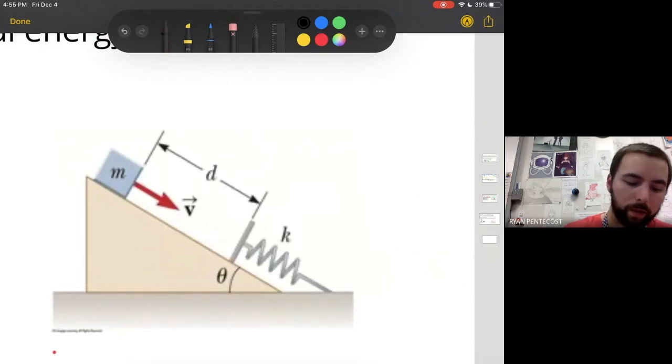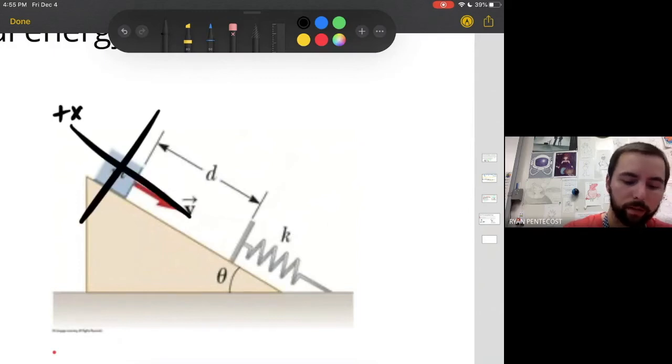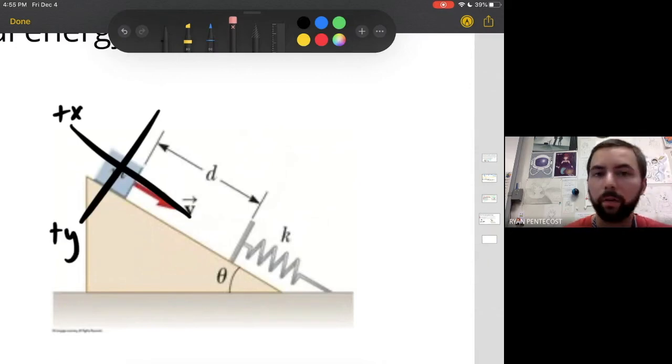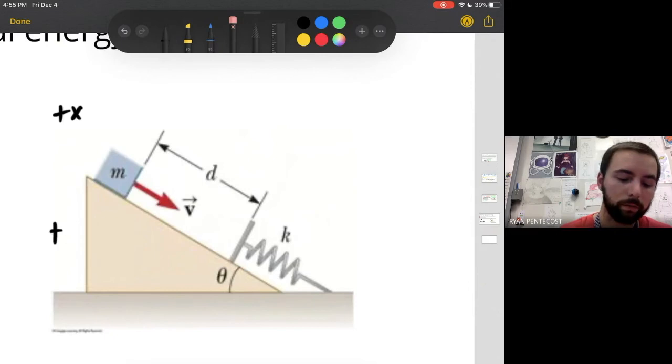Let's say that this is our axis, this is our positive x, and this is our positive y. For some ungodly reason, we want to do that, right? You can do that. You'll still get the same magnitude as everyone else. Your signs might be off, but within your reference frame, you're correct, right? I don't know why you would do that, but you know, some people are just masochists that way.